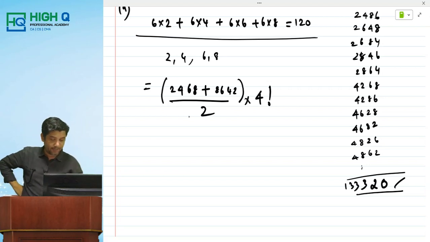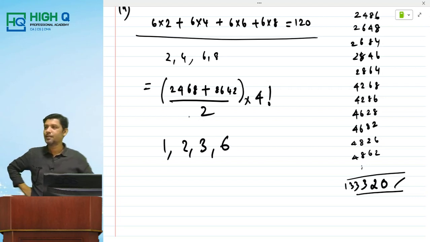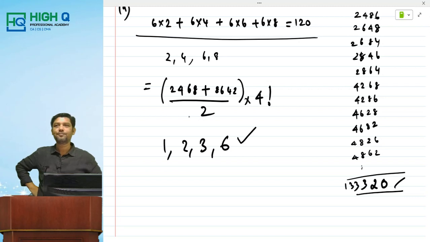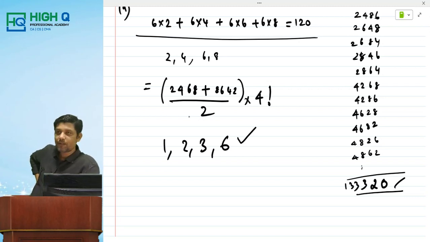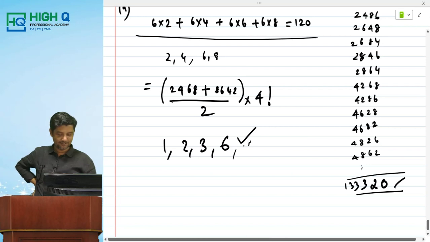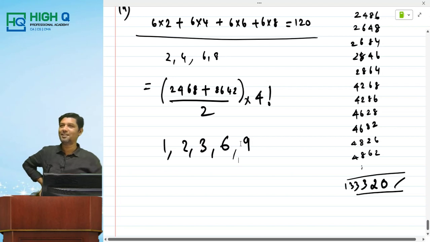Now, can you please get me the answer for these 4-digit numbers? You did it like this, right? 1 plus 2 plus 3 plus 6, that is 1, 2, 3, 6 plus 6, 3, 2, 1, divided by 2, into 24. Now a 5-digit number.